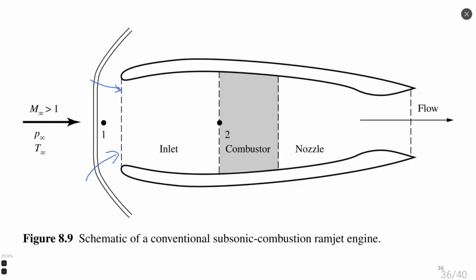There are many types of engines for supersonic flight, and the ramjet engine is one of the simplest because it doesn't have moving parts. It just works according to the physics of the flow without any moving parts or redistribution of energy inside its cycle.